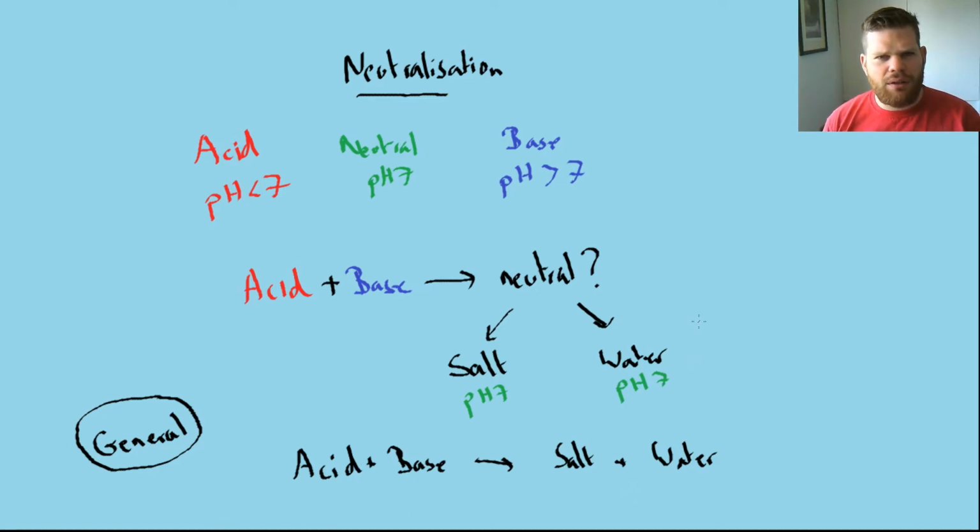So let's have a look at a more detailed example. I'm just going to jot down the general equation. Acid plus, what is it? Base, good, goes to salt and one other product, water. So we've got this general reaction: acid plus base goes to salt and water. So let's pick an acid.